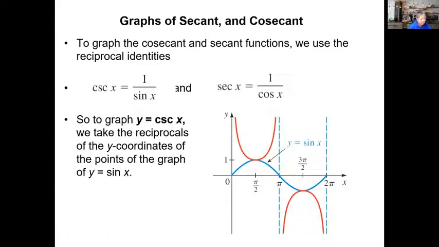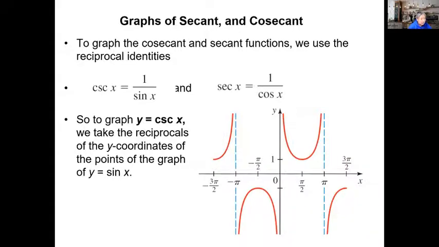If we see the continuous form of cosecant, it's going to have this type of shape, and there are also going to be vertical asymptotes.